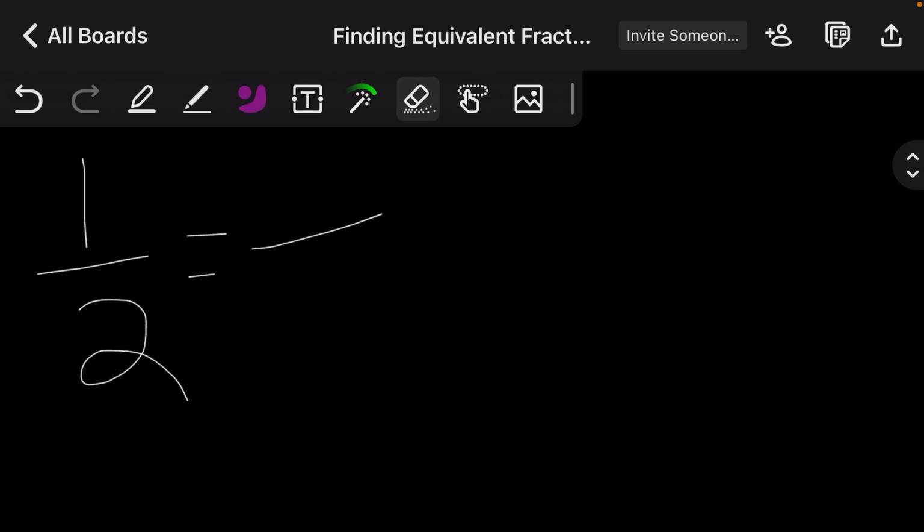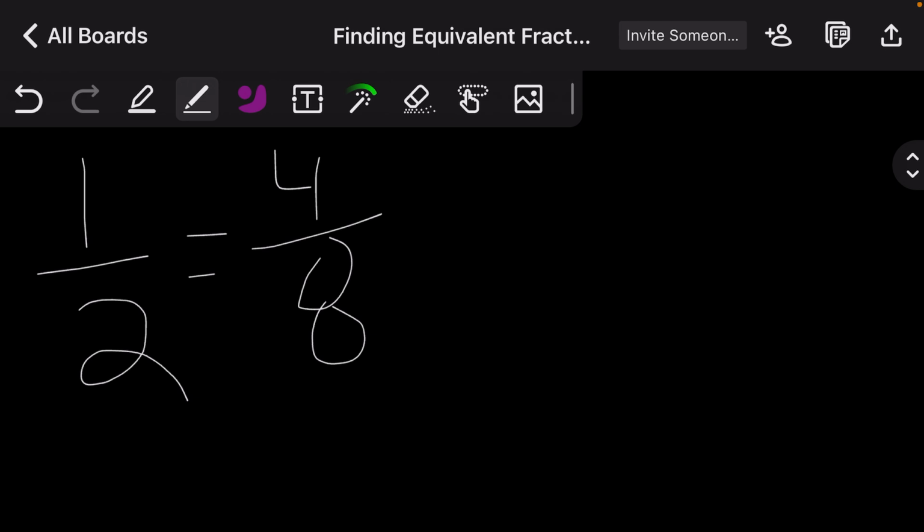An equivalent fraction for 1 over 2 is 4 over 8. Equivalent fractions are fractions that take up the same amount of space, but they look different, right?